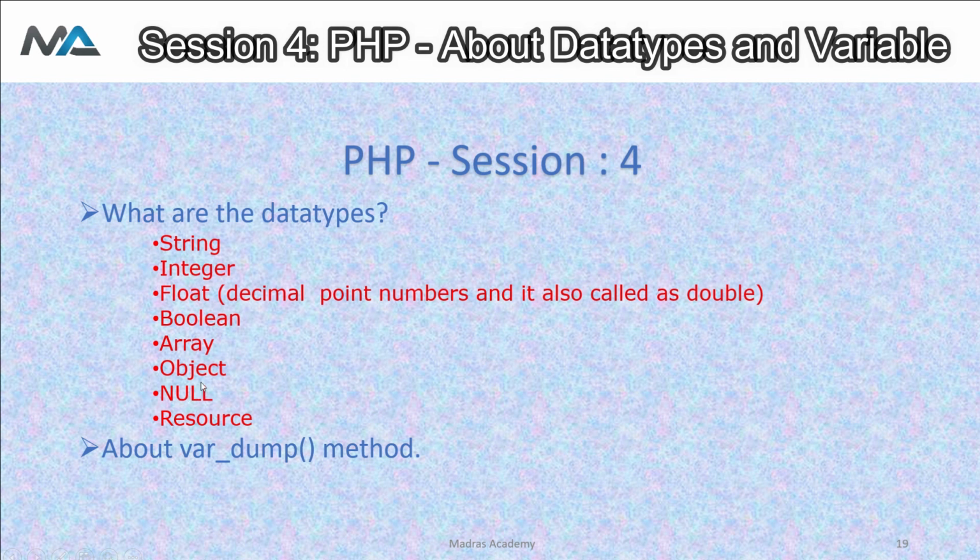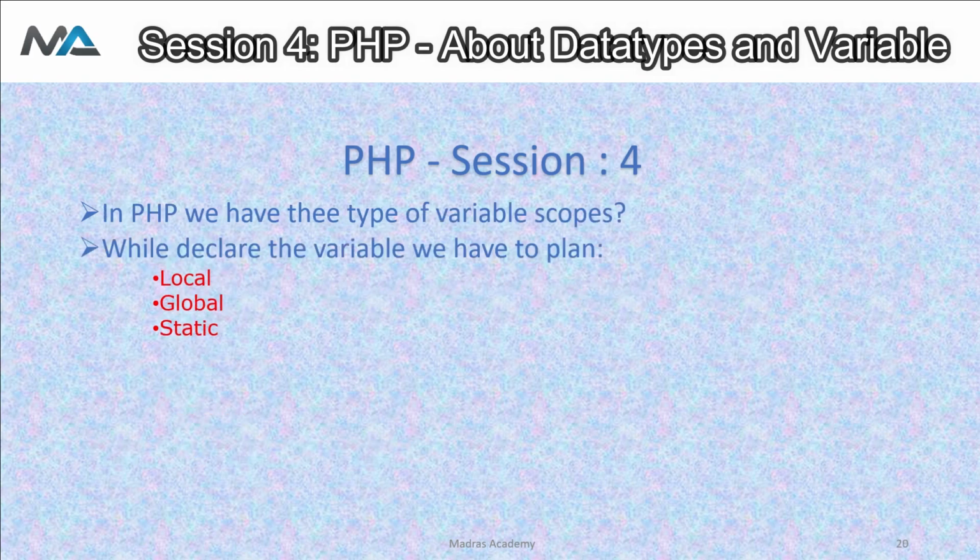So how do we declare a variable in PHP? If you are going to declare any variable in PHP, we have three types of scope. While declaring the variable, we plan whether we are going to declare it as local, global or static.